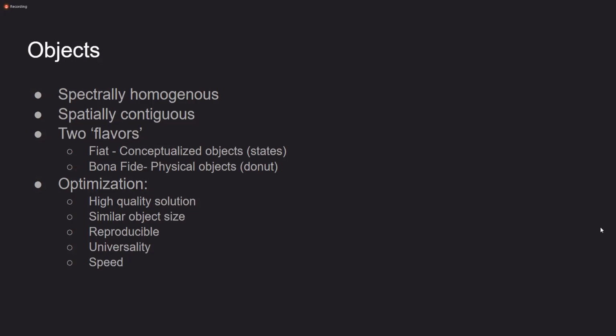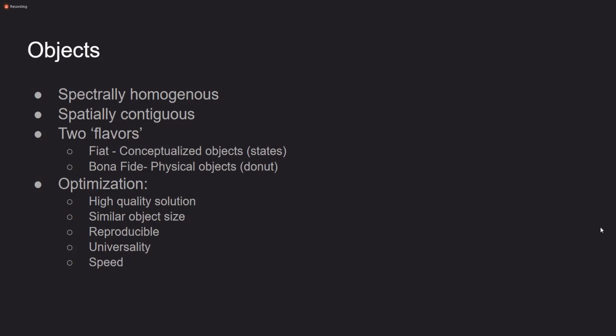When we derive objects, we have a number of quality parameters that we can think about. We want to find a high quality solution. So for example, we want to make sure that all of the objects that we want represented are represented. So high accuracy and precision.